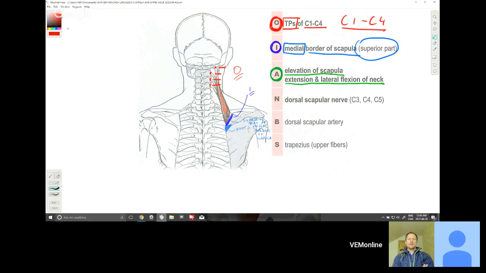The scapula is in a fixated position, so let's say this is immobile. When we hold the shoulder blade so it doesn't move, and we shorten the fibers, it will actually extend and laterally flex the neck. Okay, so let's talk about this a little bit more in detail.